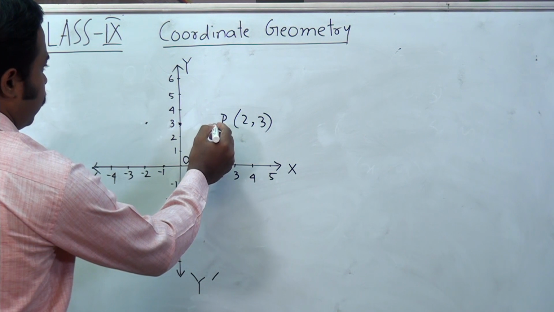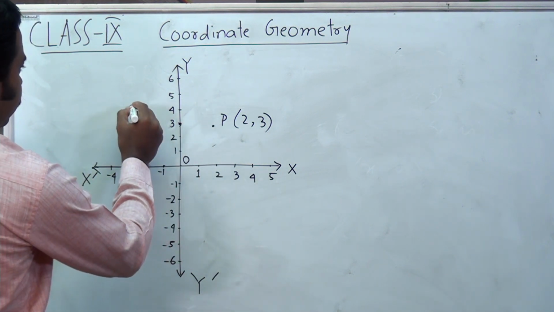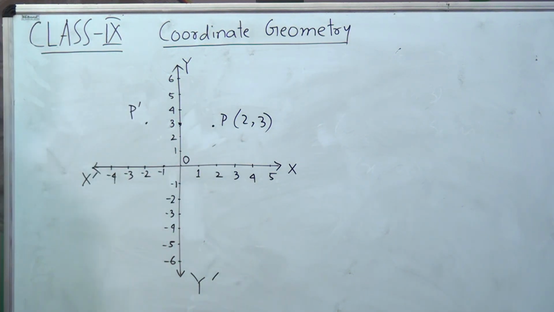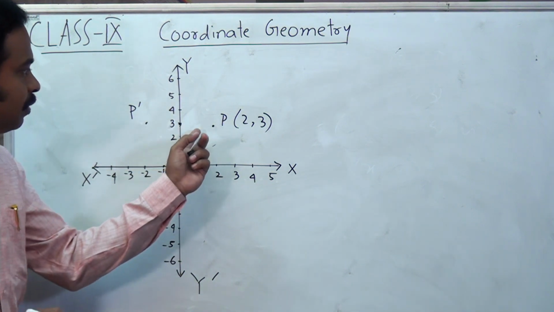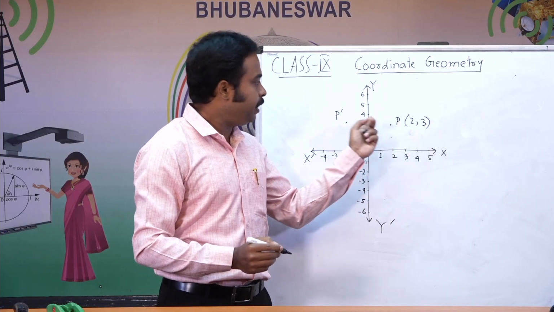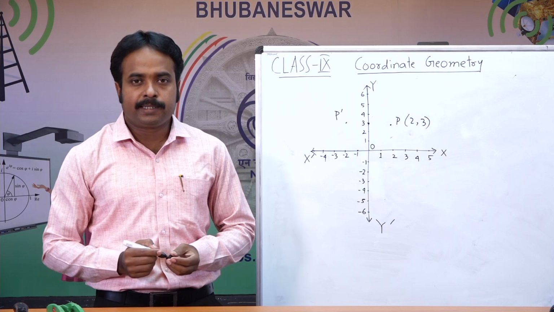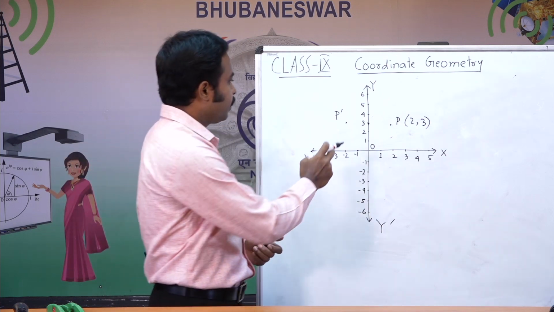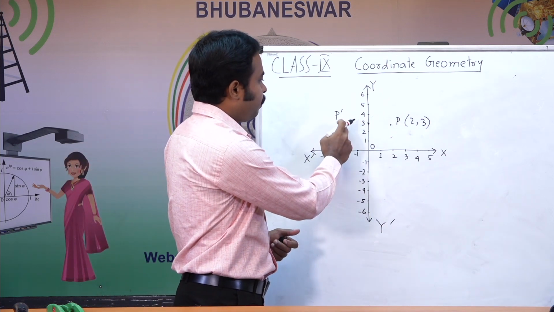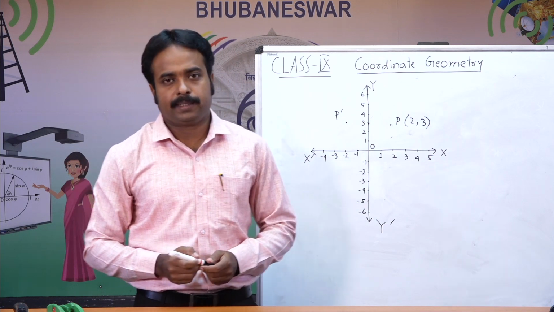So, this is the point P, and this is the image P dash. Therefore, the distance of the point P from the y-axis is equal to the distance of the point P dash from the y-axis.